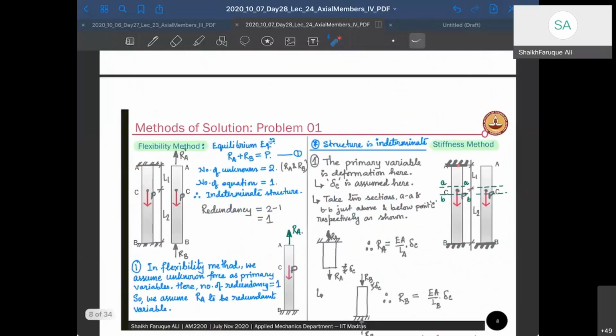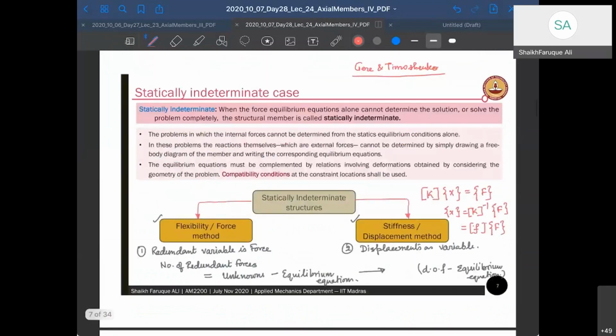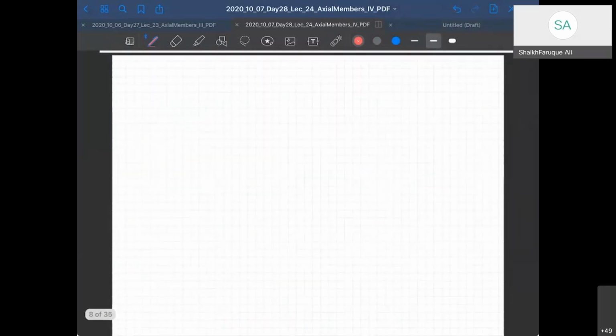Okay, let's take one problem here, the first problem. I have a bar and you have a P force given here.